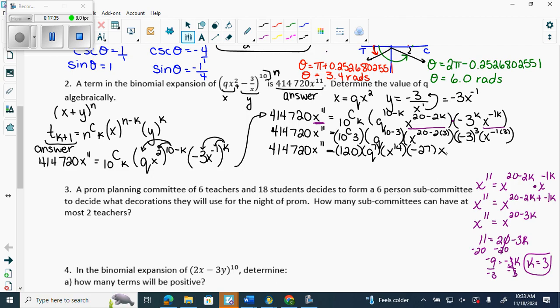X to the negative 3. What's x to the 14 times x to the negative 3? X to the 11. So you have an x to the 11 on the left-hand side and an x to the 11 technically on the right-hand side. So they can cancel off, right? I can divide both sides by x to the 11.